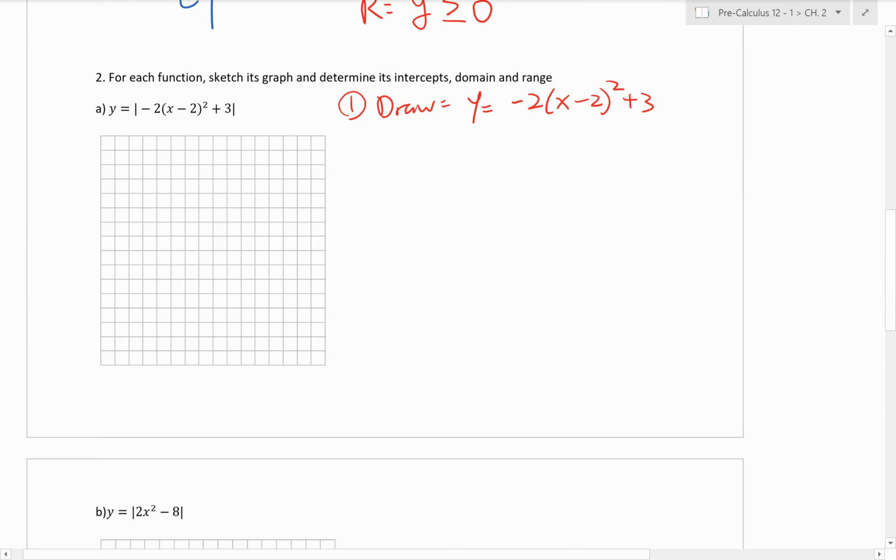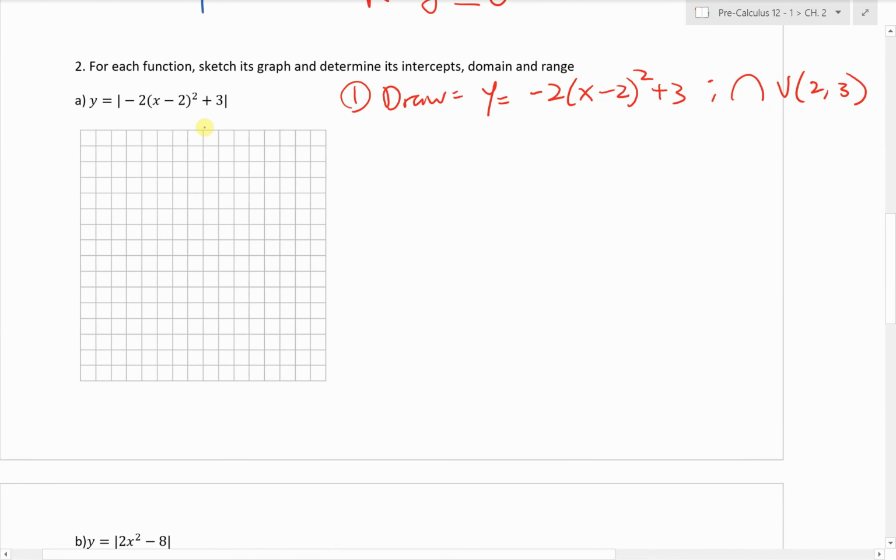So draw the inside function first. This is a quadratic function in vertex form, and we know this graph opens downwards because the leading coefficient is negative. So it looks like this, and we have a vertex at (2, 3).